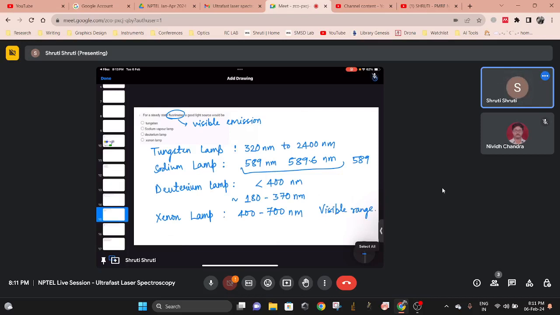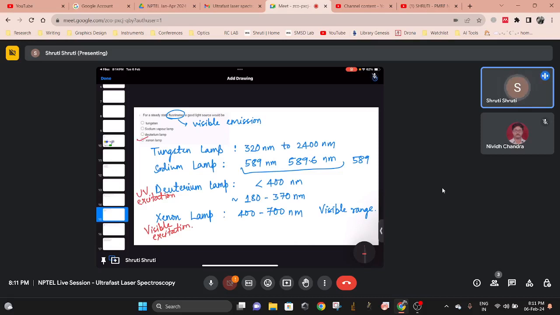Okay, so you can say that we can use xenon lamp mostly for the visible range, and for the excitation in the UV we can use a deuterium lamp. But considering only the visible excitation, we can have the xenon lamp.